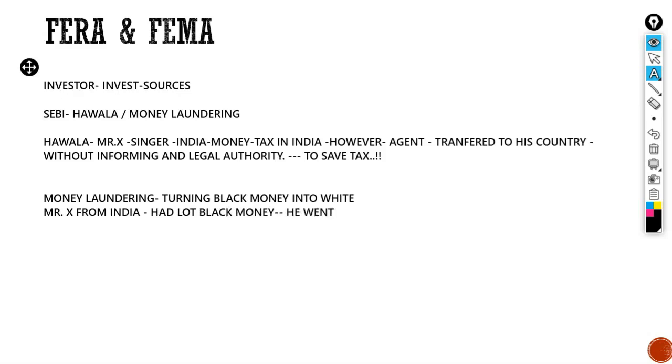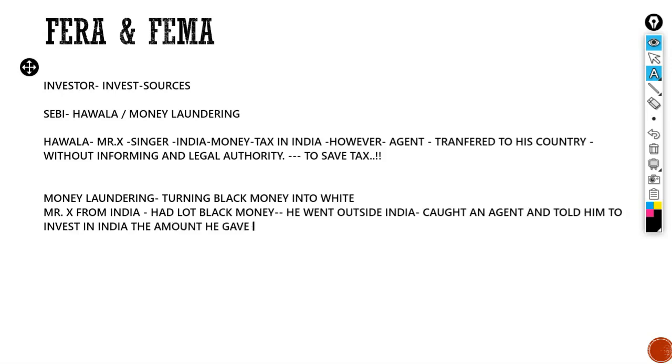He went outside India, got an agent and told him to invest in India the amount he gave him, thereby making black money into white.